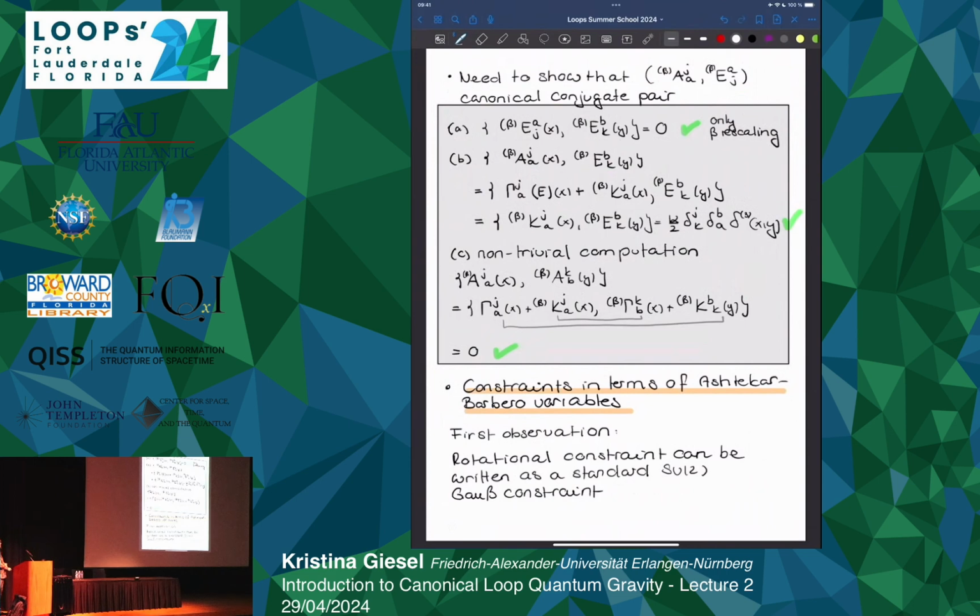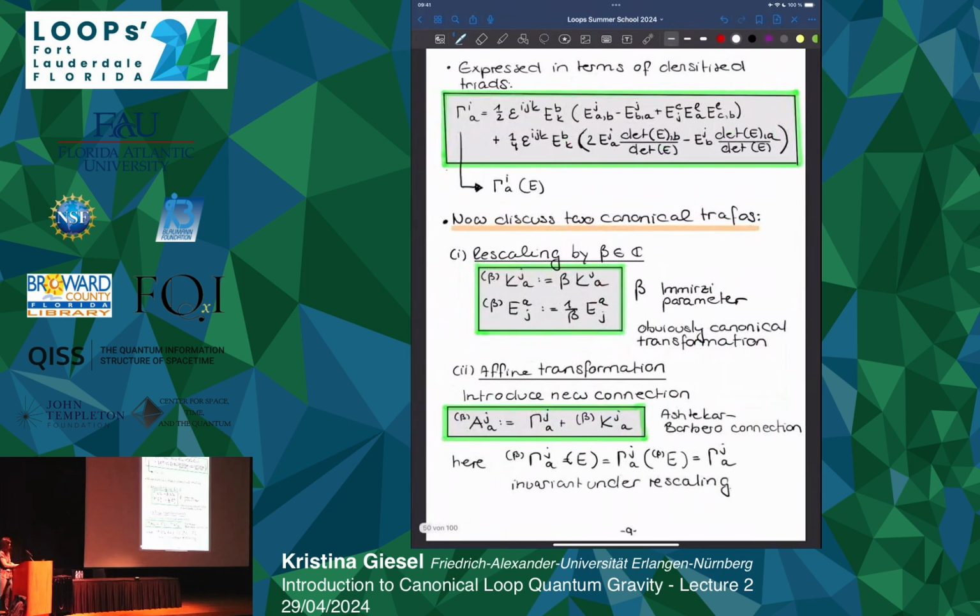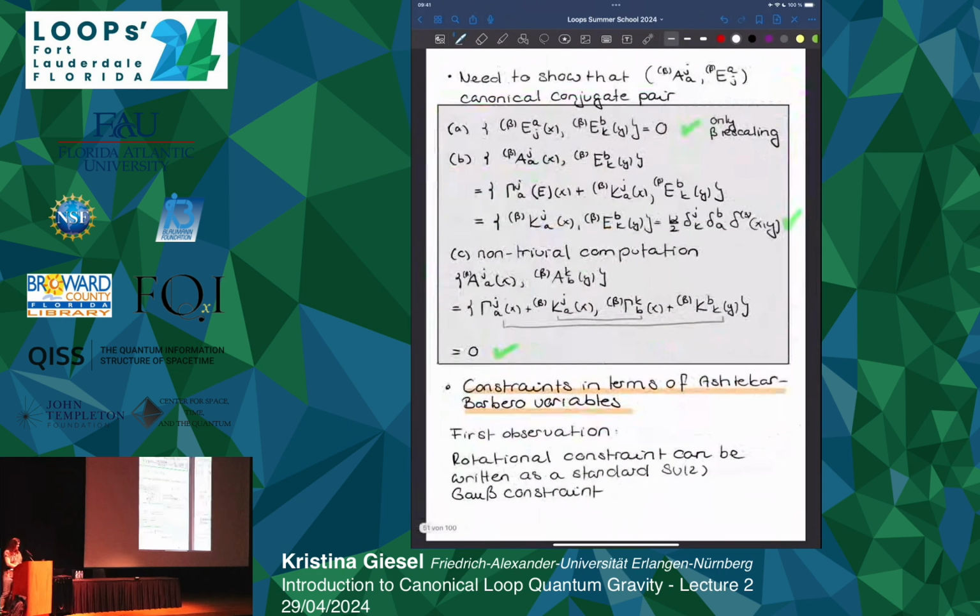So now, given this new set, the first canonical transformation was trivial, but we still have to check whether this new Ashtekar-Barbero connection and the densitized triad satisfy standard Poisson brackets in order to ensure that this is indeed a canonical transformation. So one can do this for the densitized triads.